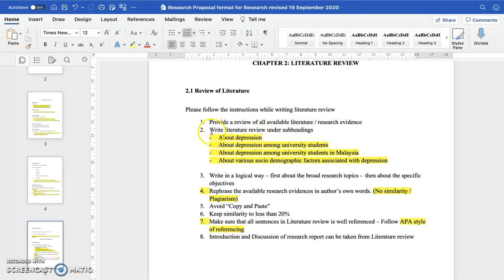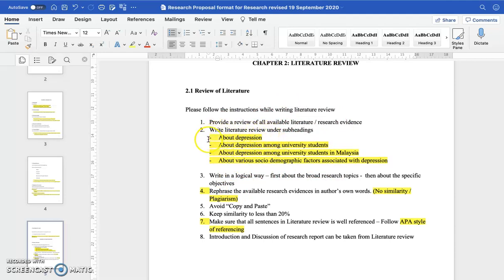Subheadings. In this scenario, it is depression, level of depression among university students. So you have to give about depression. What is depression? All the available literature. And what is the diagnostic criteria of depression? What are the clinical manifestations of depression?